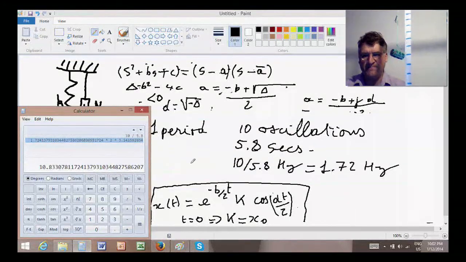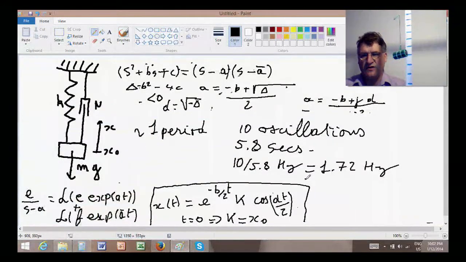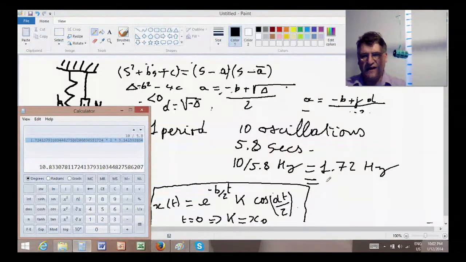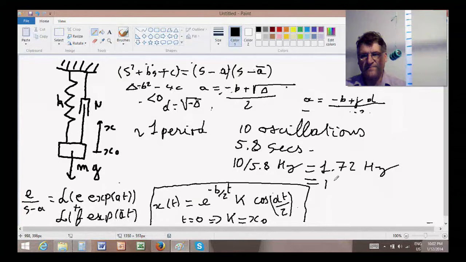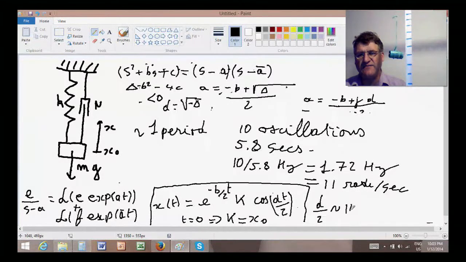And we obtain about 11 radians per second. So d over 2 is about 11, or in other terms, d is about 22. And that's expressed in radians per second.